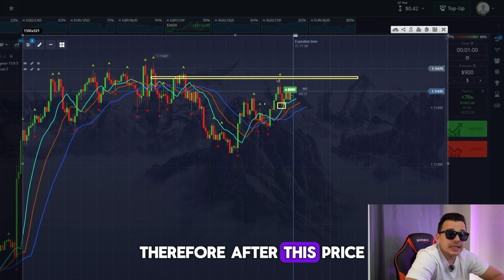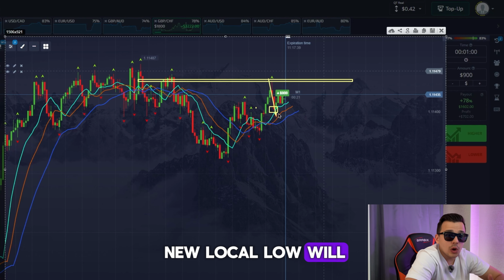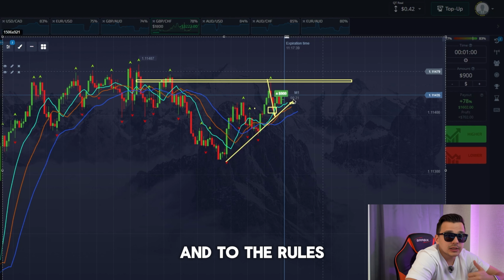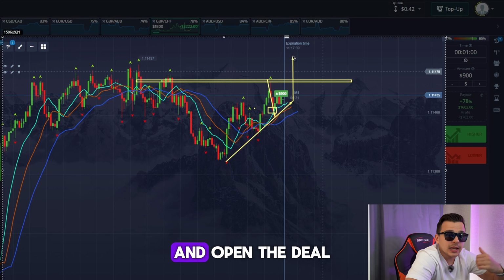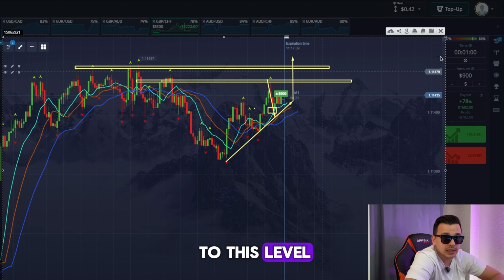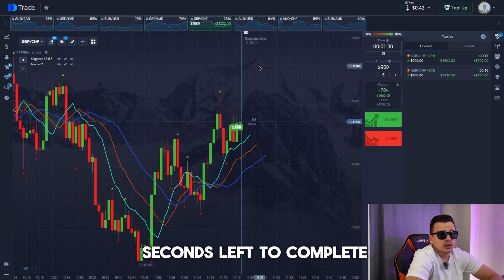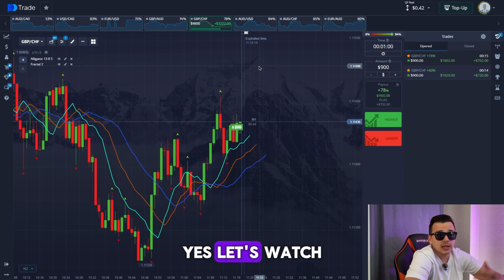Therefore, after this price pullback, the formation of a new local low, we will open here according to the rules of the trend and open a deal to go up. We will expect the aspiration to this level. And we have about 15 seconds left to complete the trades. Yes, let's watch.